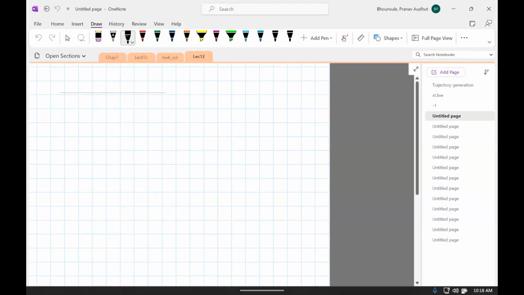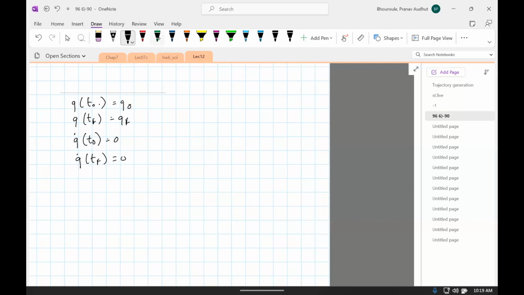What we do is specify the initial position, let's call that q0, and the final position, qf. But we also say that the velocity at the start should be 0, and the velocity at the end should be 0.